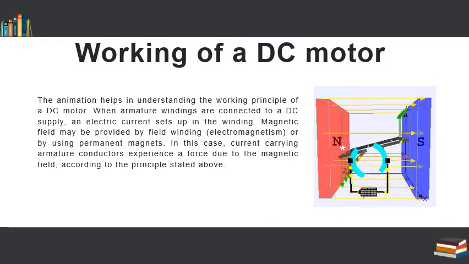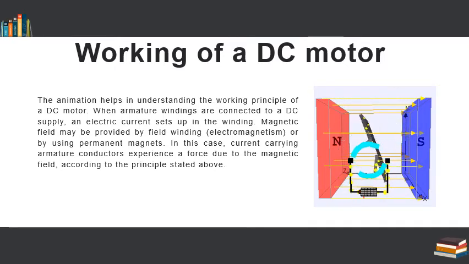This animation helps in understanding the working principle of a DC motor. When armature windings are connected to a DC supply, an electrical current is set up in the winding. The magnetic field may be provided by field winding or electromagnetism, or by using a permanent magnet in case of a small motor.